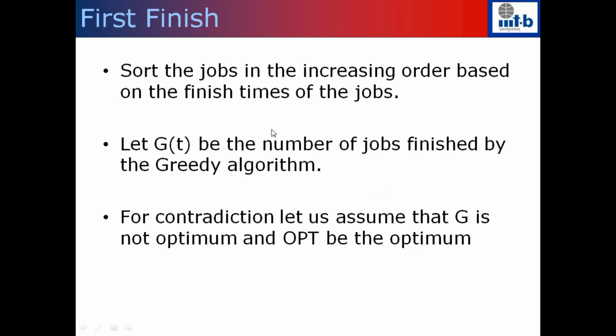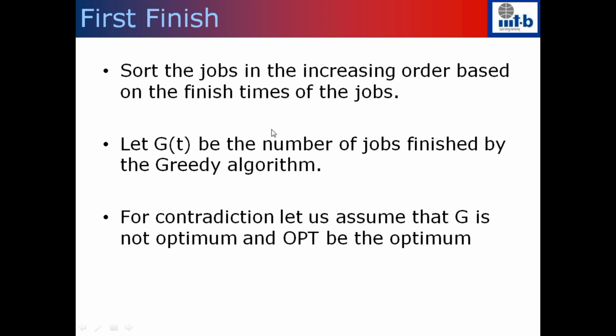Let's consider the first to finish algorithm. In this case, we will sort the jobs in the increasing order of their finish time. We look at all the jobs and pick the job which can finish first, right? So that is the job which we are going to schedule, and remove all the jobs which conflict with that.